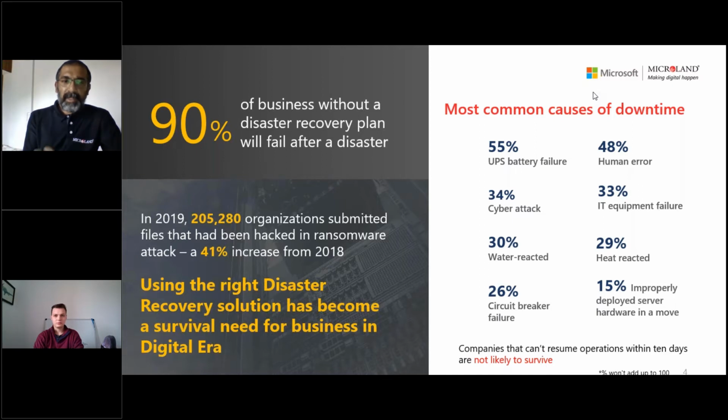Third, without the right DR solution, 90% of organizations would not survive a disaster. It is more relevant in the digital era where IT and data are the backbone of businesses. So what do all these statistics tell us? It tells us the importance of choosing the right solution model to support your disaster recovery, which is key.